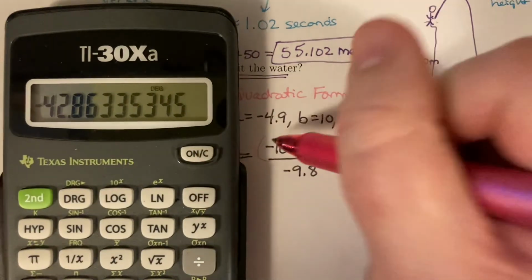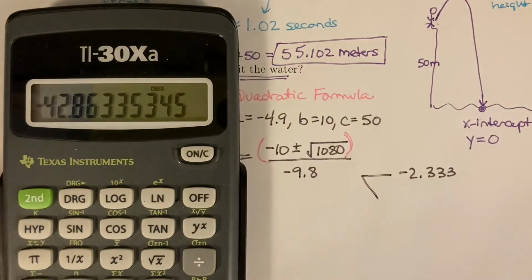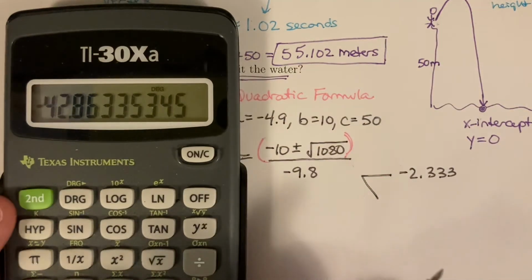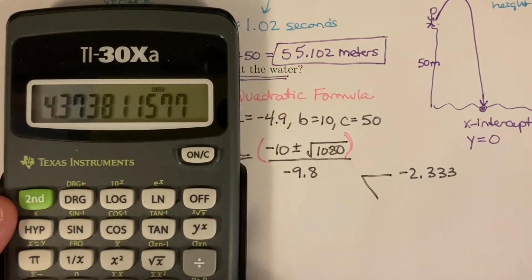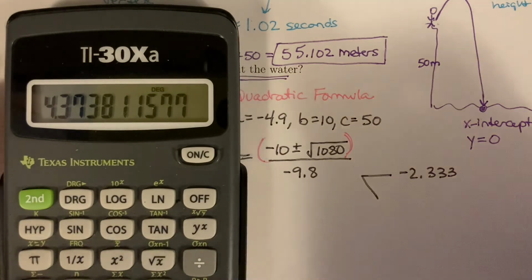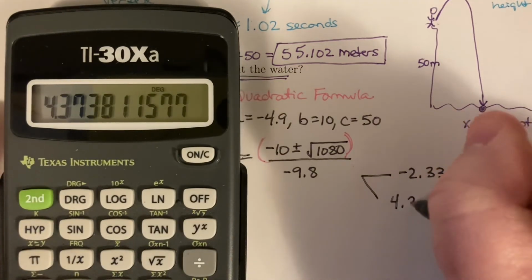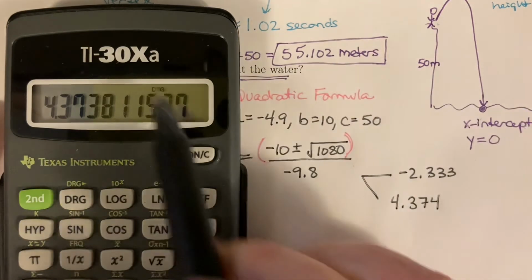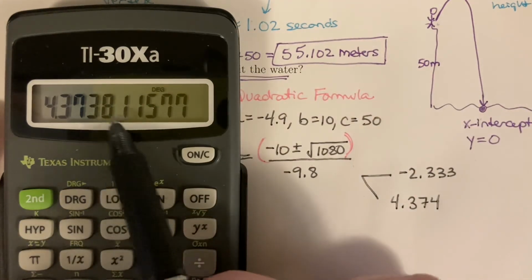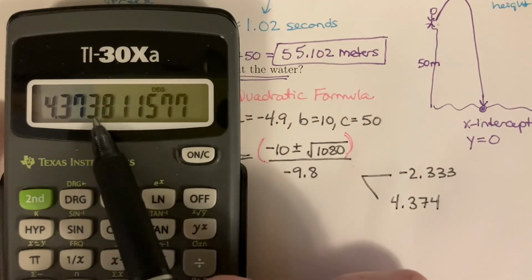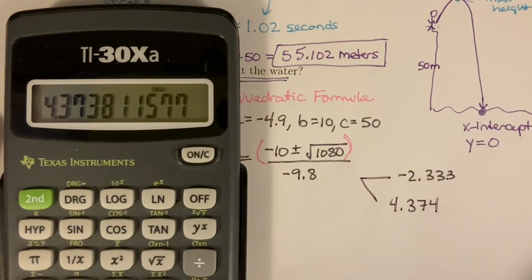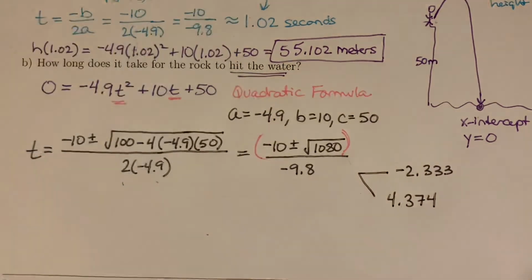It's the same kind of idea where you have to do the top of the fraction first and then divide by negative 9.8. And so the other answer is 4.374. Please round, right? Look to the next decimal place to decide what to write in that third decimal place.